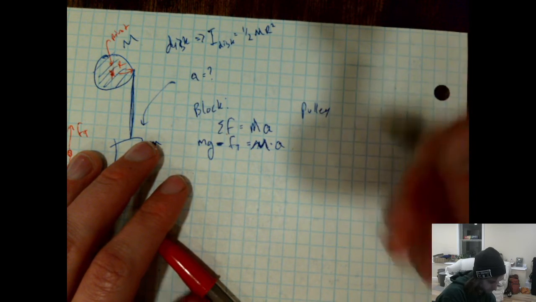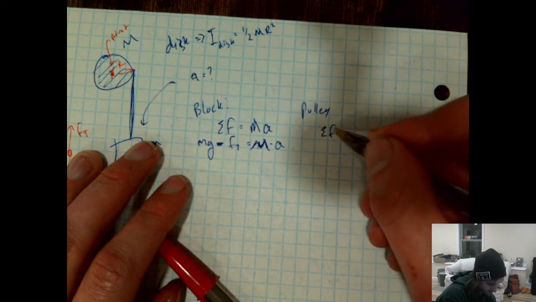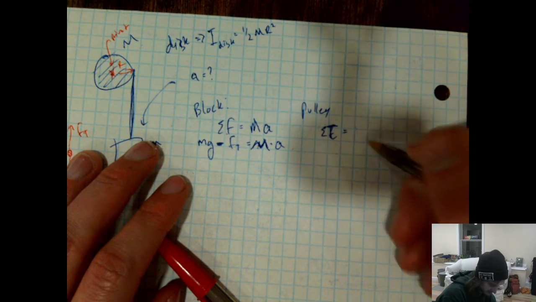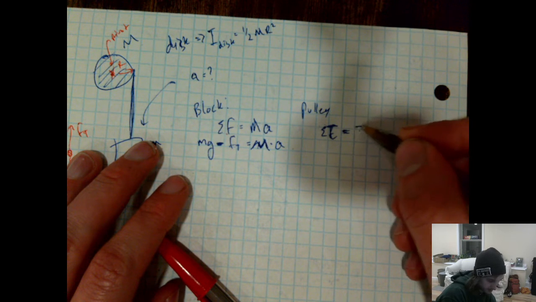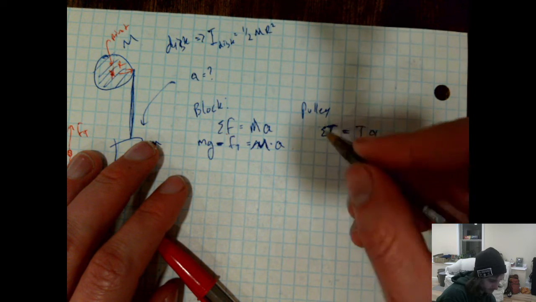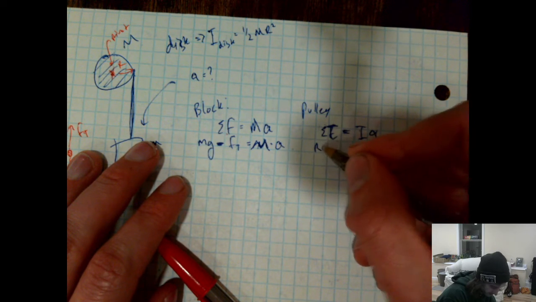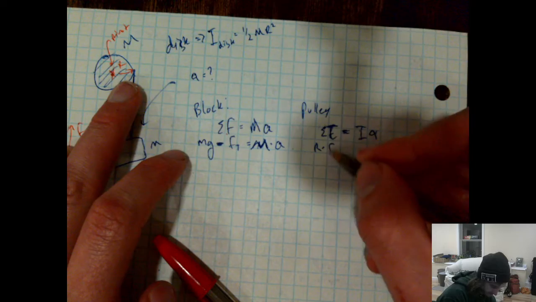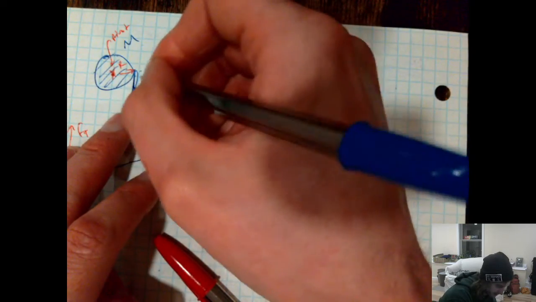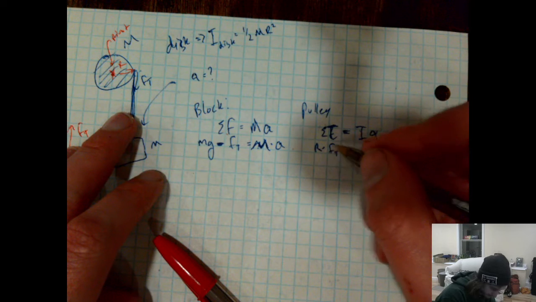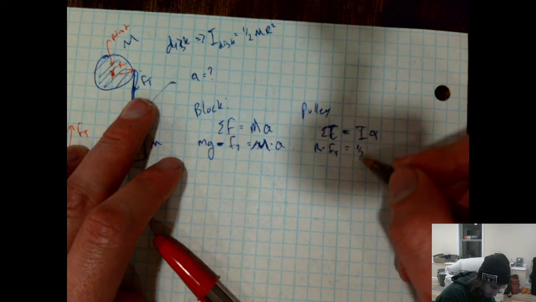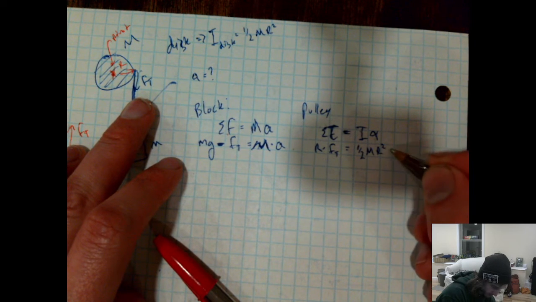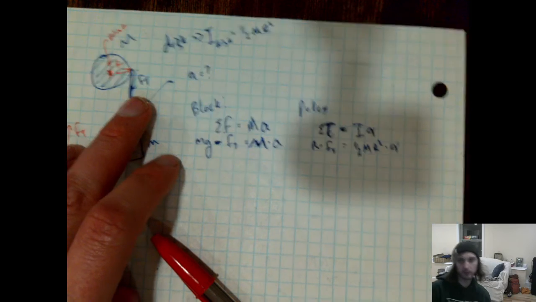For our pulley, our net torque equation is more relevant because our pulley is spinning instead of accelerating linearly. Well, this gets us in a bit of a pickle because our torque will be from the radius times our force of tension pulling down on our object at a 90-degree angle, so I don't have to worry about the angle, thankfully, equals 1/2 mr squared times our angular acceleration.